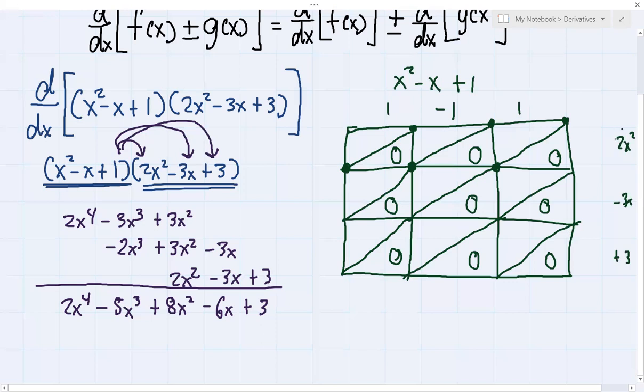The same thing on the right side, we take the constants: 2, negative 3, and positive 3.